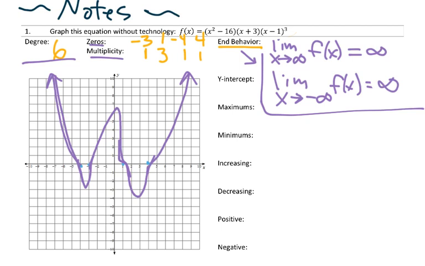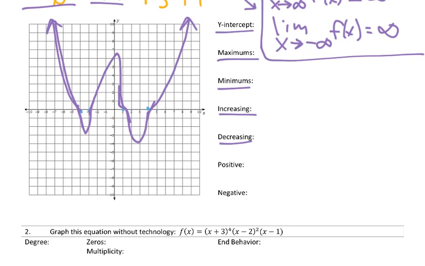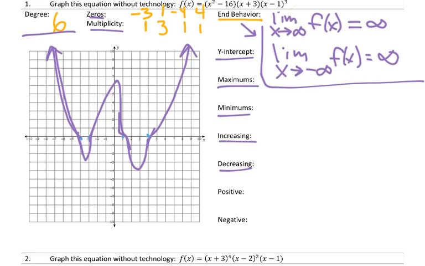Because if we don't know exactly the max and the mins, or the Y-intercept, we know the zeros, we know the end behavior, we can take a stab at increasing and decreasing, but without the maximums and minimums, we can't. We could say positive and negative, because if we have the zeros, we can also get positive and negative. So there's a stab at my practice one.